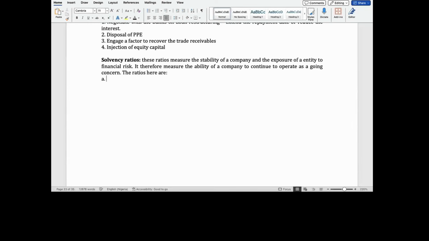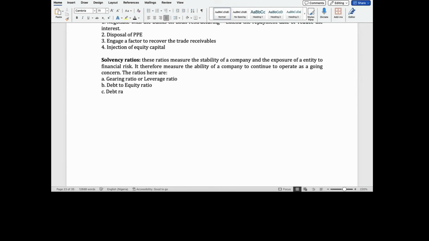We have the gearing ratio. Do you know what they also call this? Leverage ratio. We have the debt to equity ratio. What do we have again?